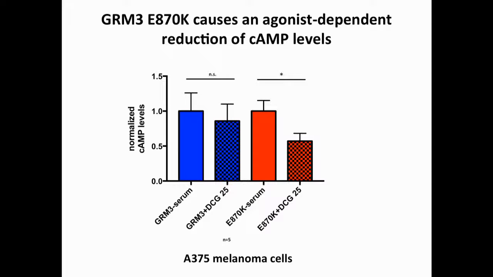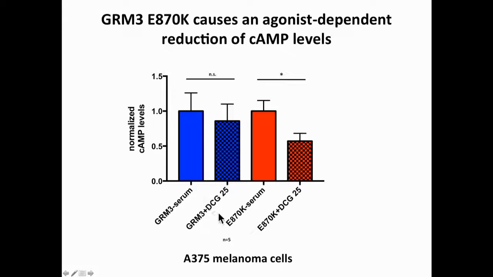So what we did was express in A375 melanoma cells the wild-type glutamate receptor 3 and the E870K version of this receptor, and we assessed the cyclic AMP levels.